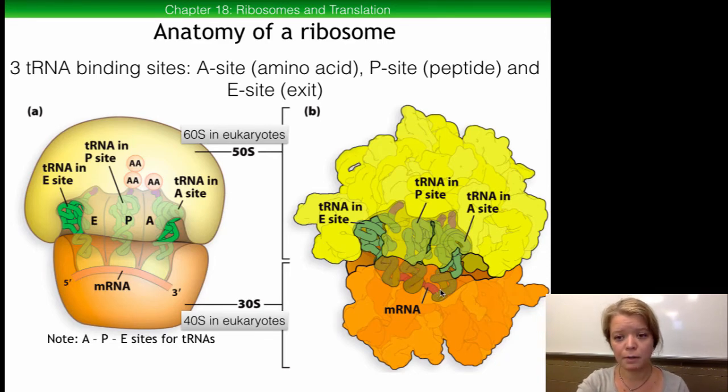Especially the position of the 2 tRNAs inside the A site and the P site is important, because the 2 tRNAs are bent together just so that the area where the amino acid is, you can see it right here, are positioned really close to each other, allowing for an easy chemical reaction to occur there.